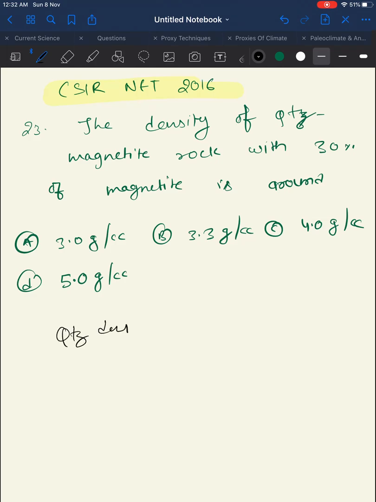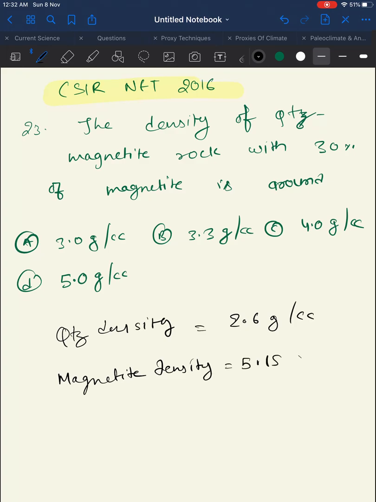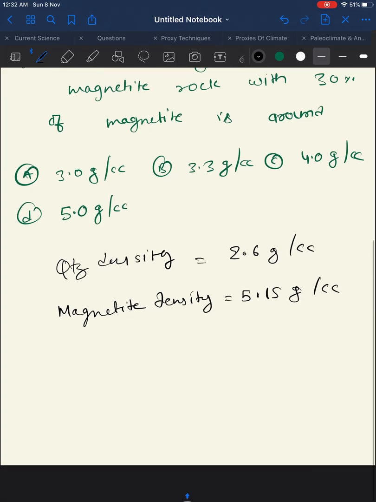Quartz density is 2.6 g per cc, and magnetite density is 5.15 g per cc.